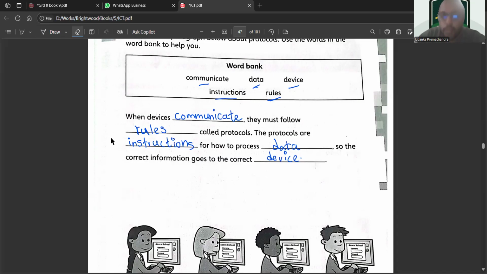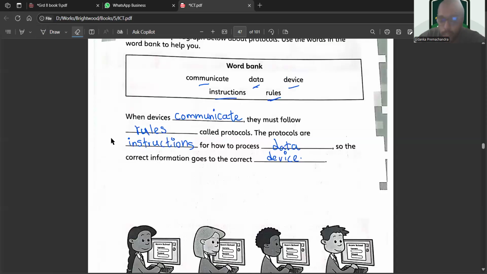Okay. So when devices communicate, if you didn't print the workbook today, please write the answers in your writing books. Only the answers. When devices communicate, they must follow rules that are called protocols.